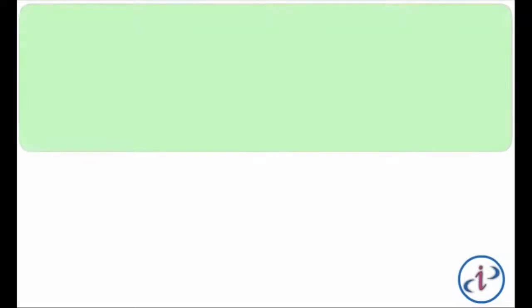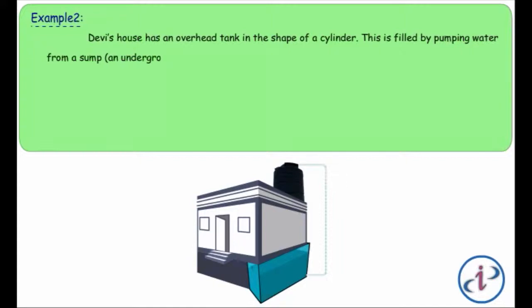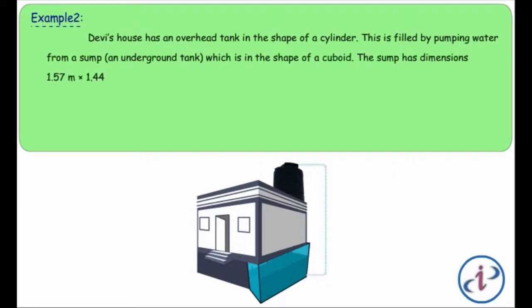Devi's house has an overhead tank in the shape of a cylinder. This is filled with pumping water from a sump like an underground tank, which is in the shape of a cuboid. The sump has dimensions 1.57 meters into 1.44 meters into 95 centimeters.